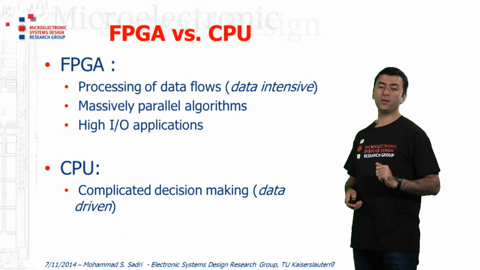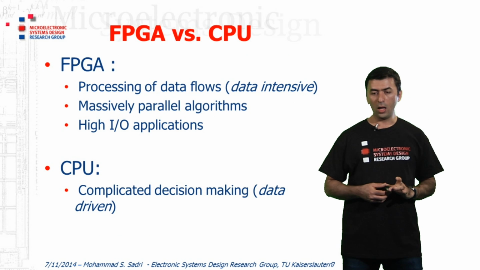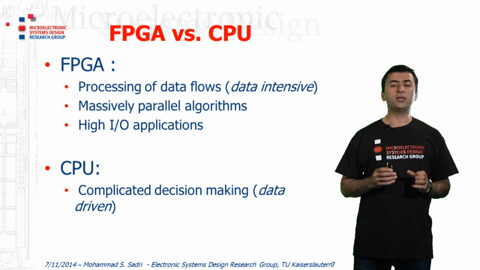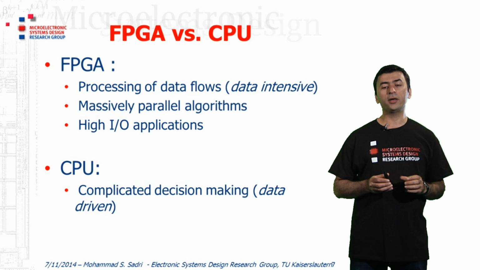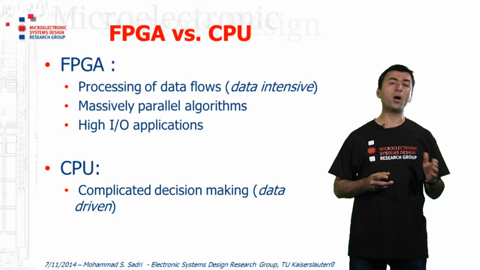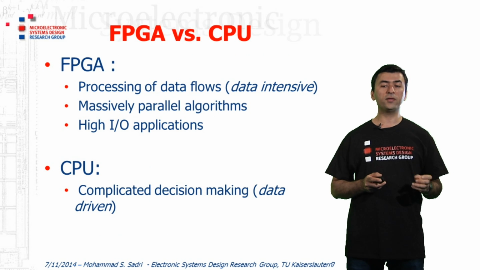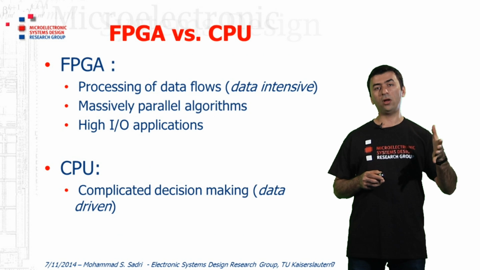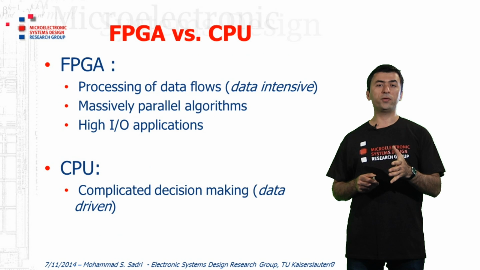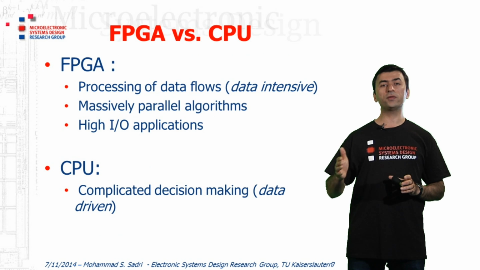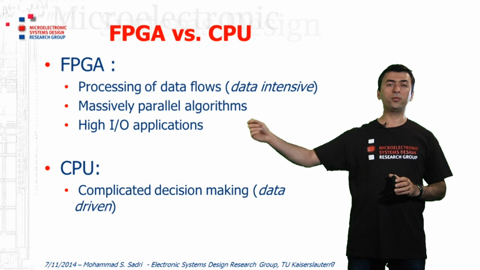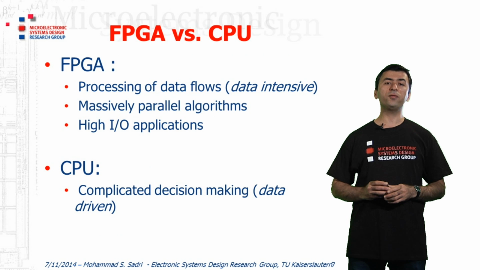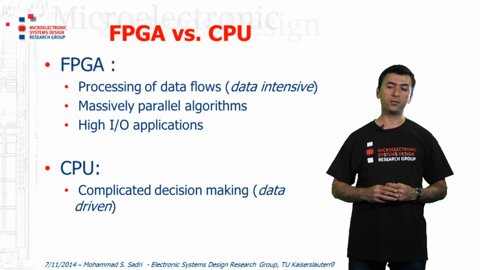So the point is, for some processing tasks, FPGAs are really suitable. For some others, not. For example, if you have a very large flow of data which comes into your system, gets processed, and then goes out of your system, then usually an FPGA is a very nice choice.